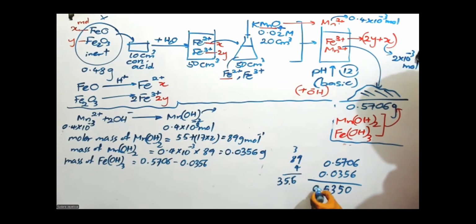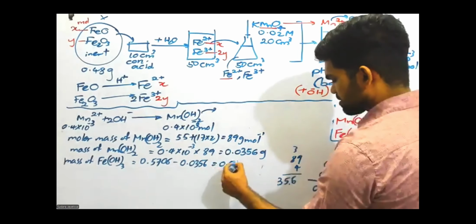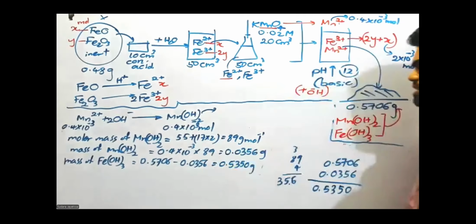So 0.535, 0.535 grams. This is the mass of ferric hydroxide.